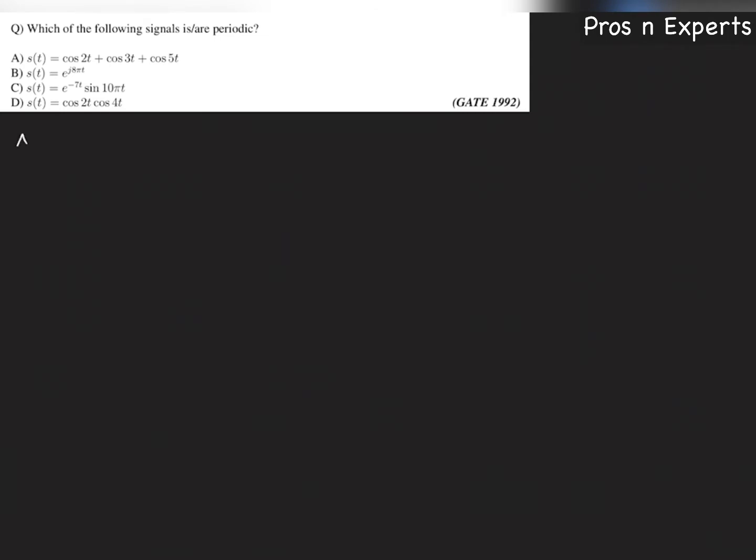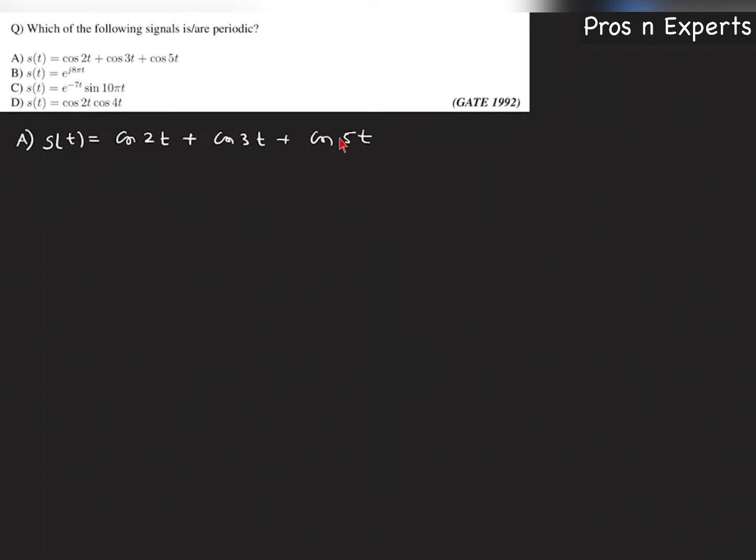Let's check option A. S of t is equal to cos 2t plus cos 3t plus cos 5t. You have to remember that this is a sum of three sinusoids, right?